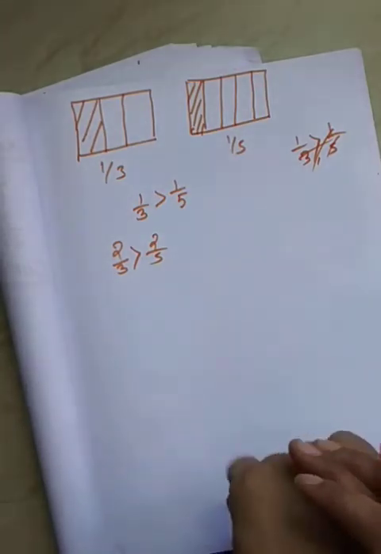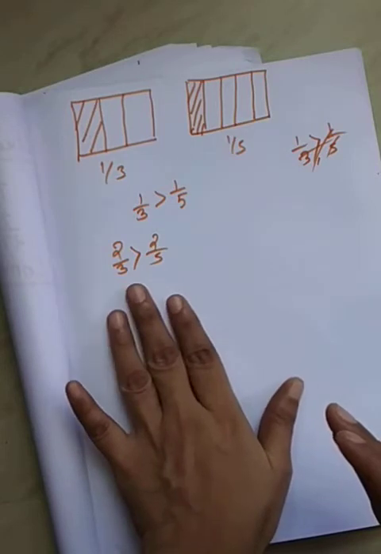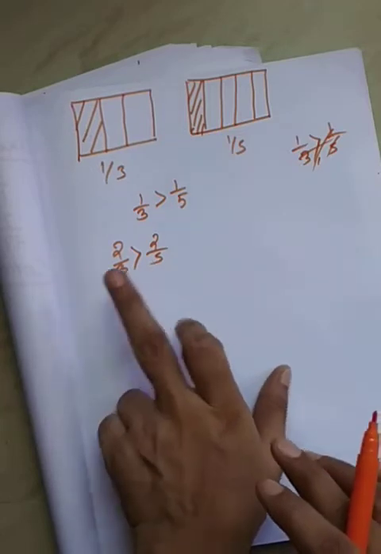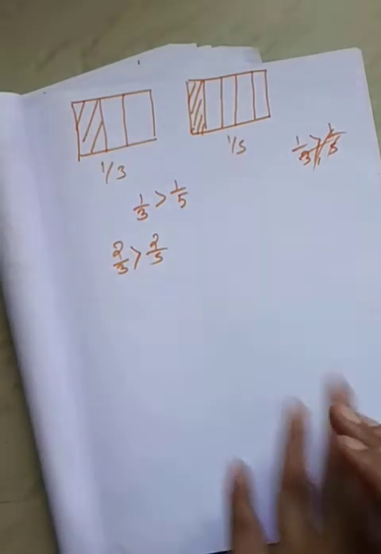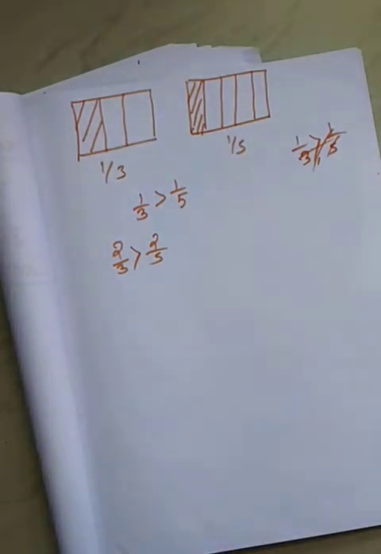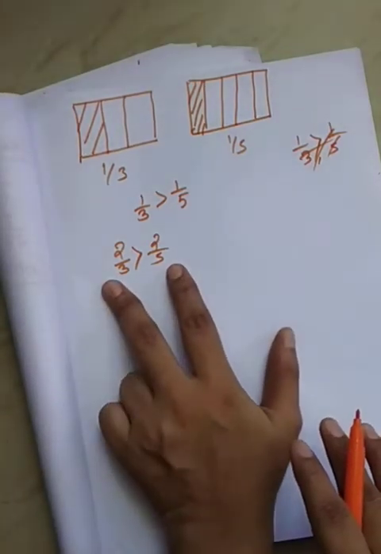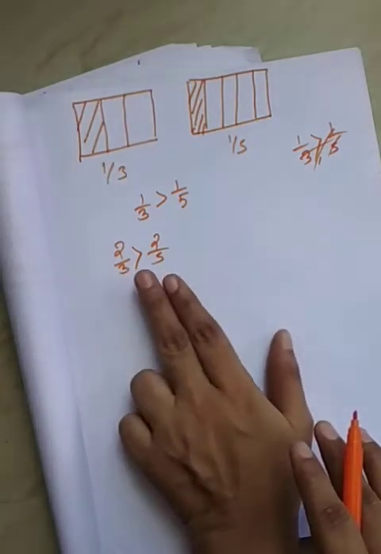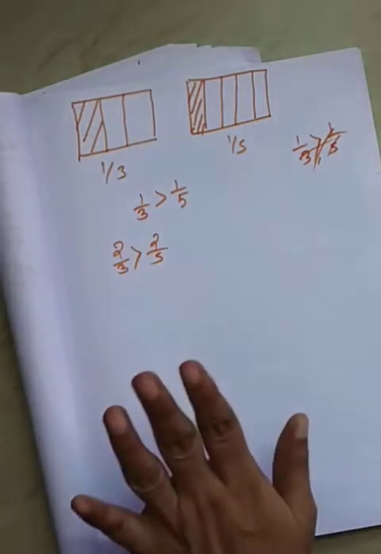Therefore, each equal part of the whole in the case of 2 by 3 is larger than that in the case of 2 by 5. Everybody clear? Definitely you will get confused, that's why I told you: for unlike fractions with equal numerators, see which denominator is smaller, and on that side you can put the greater symbol. That's it. Don't get confused.